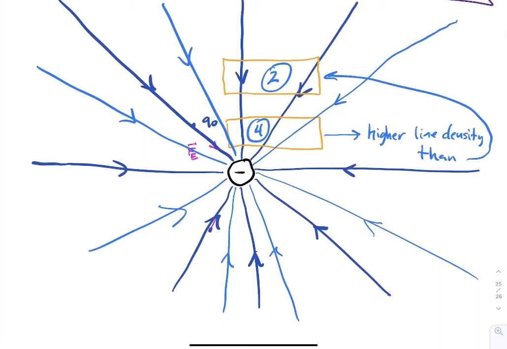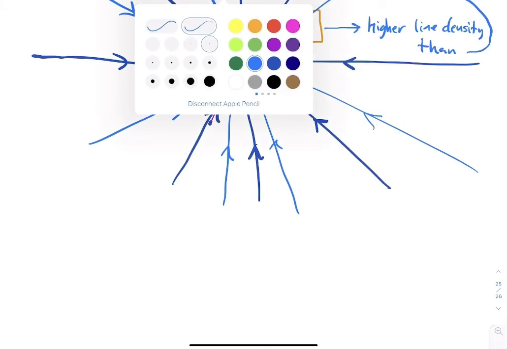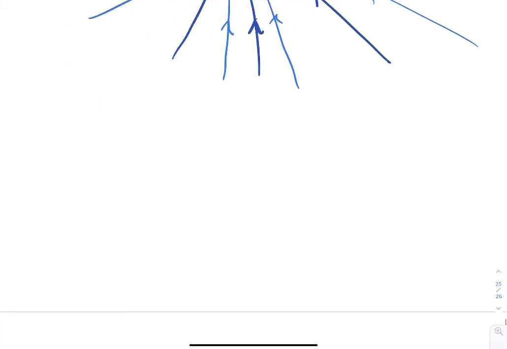The last diagram I'm going to draw for us today for electric fields is the electric field due to a dipole. A dipole is kind of just a fancy word for something with two poles. Di is two. Pole represents a charge in this case.